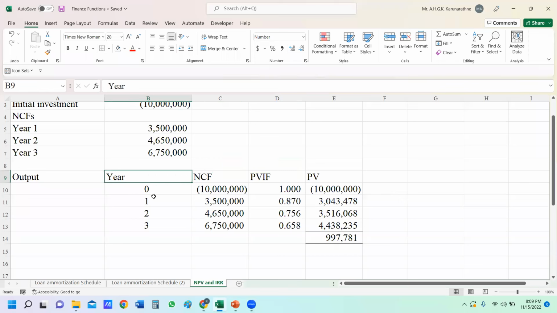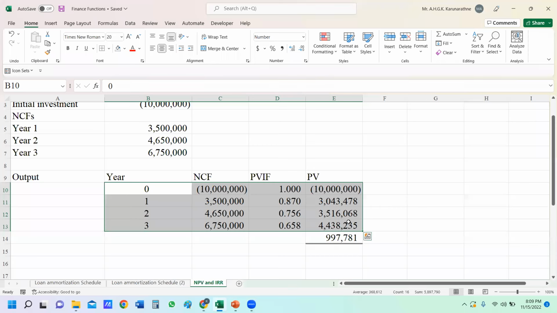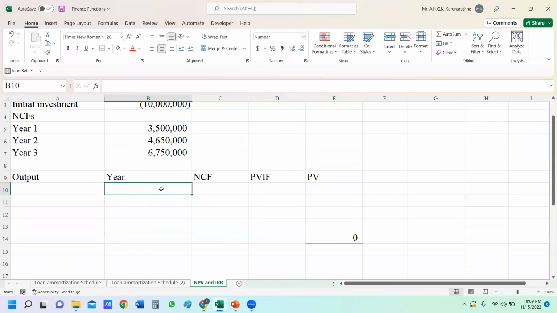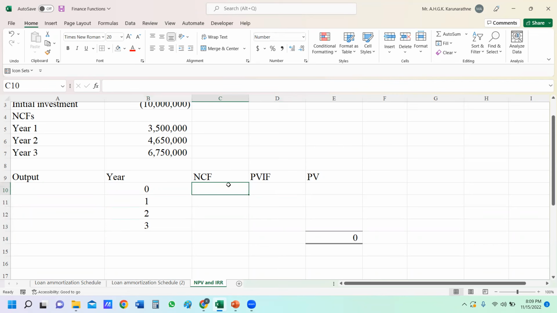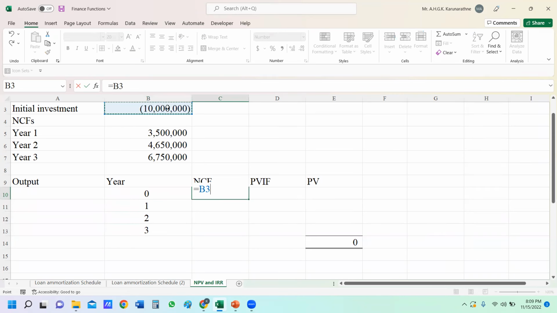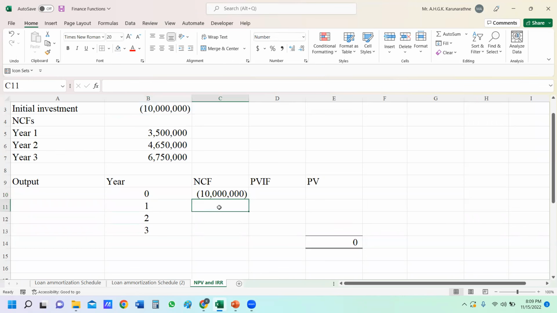We will have a simple table. We'll delete this. Year 0, 1, 2, 3, just 3 years. The net cash flow for year 0 is your initial investment, that is 10 million. Then the year 1 cash flow is your cash inflow, this much, and you can copy to the other cells.